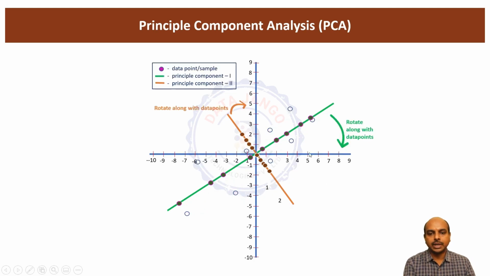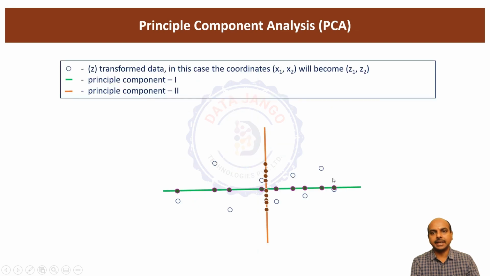Now it rotates these two principal components so that the first principal component becomes x and the second becomes y. If you have more, the third becomes z, and so on. Once after projecting the data points onto the first and second principal components, it rotates them and makes them x and y.